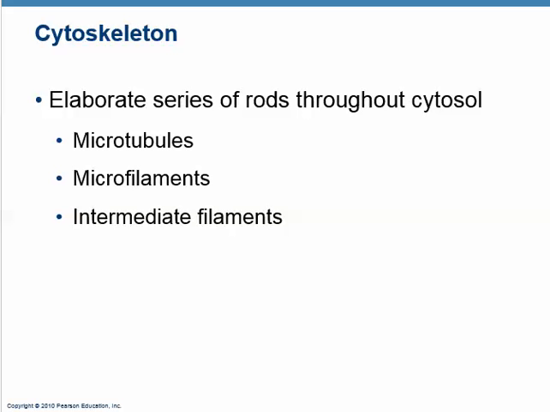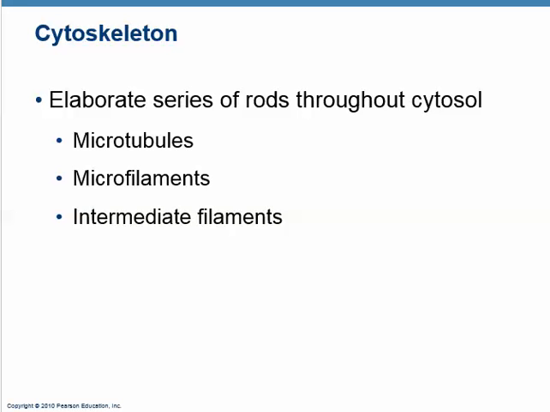The microfilaments would be like the threads in the canvas of your tent, and the intermediate filaments would be like the ropes that you use to pitch your tent. A tent needs all three of those things to give it its shape.